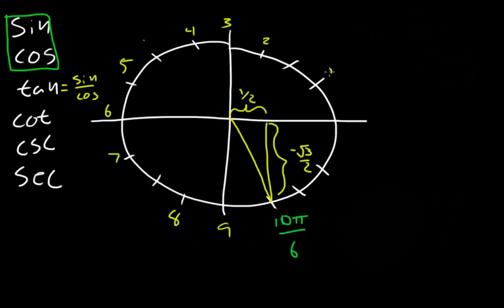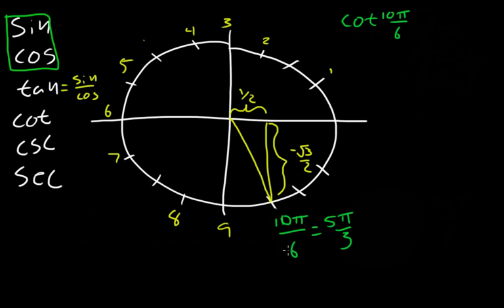Remember, we're counting again, so 1 all the way up to 10. So 10 pi over 6. So let's find the cotangent of 10 pi over 6, which is also equal to 5 pi over 3.